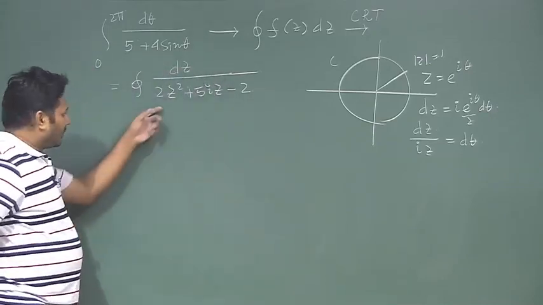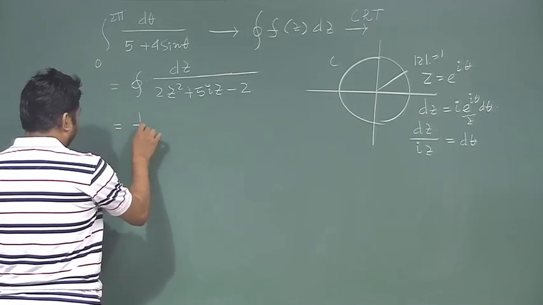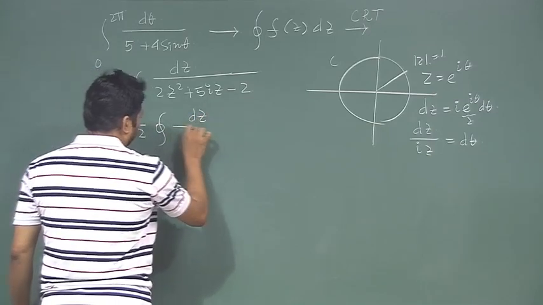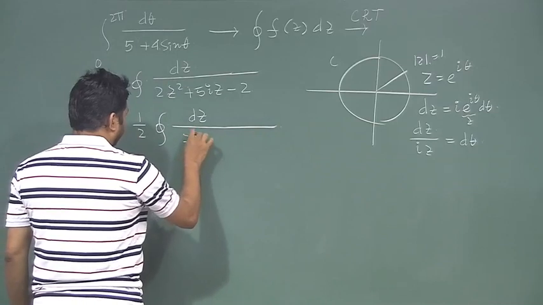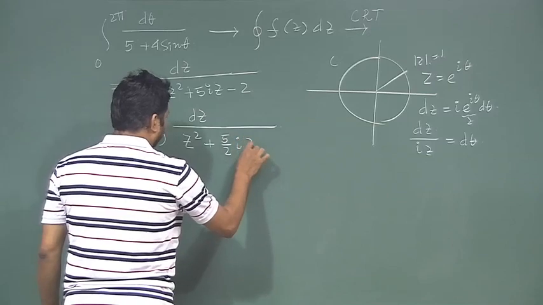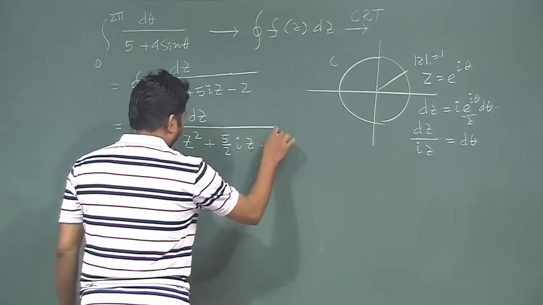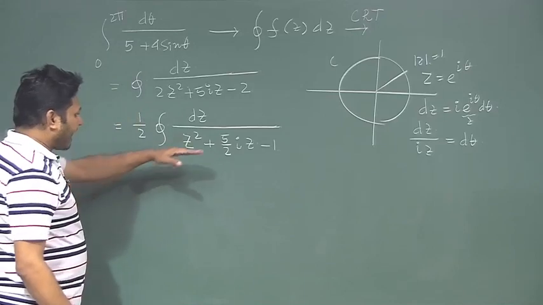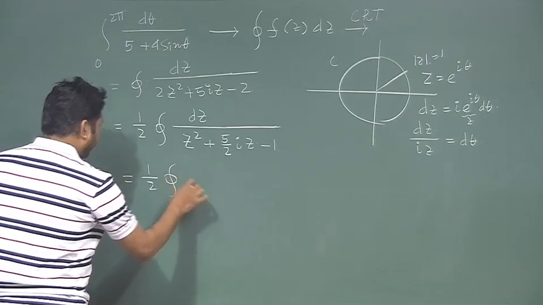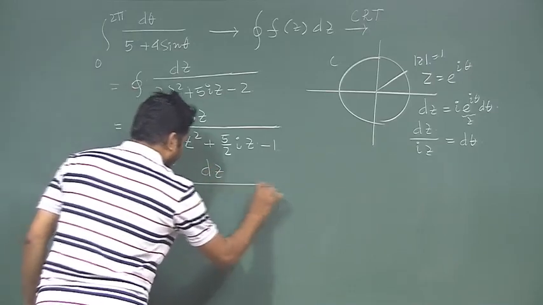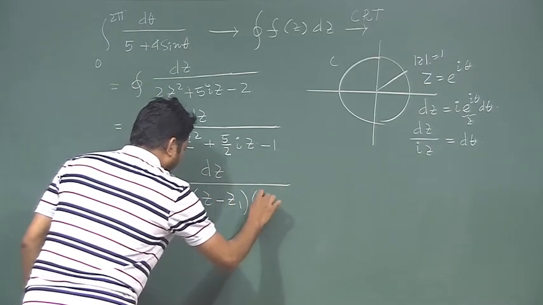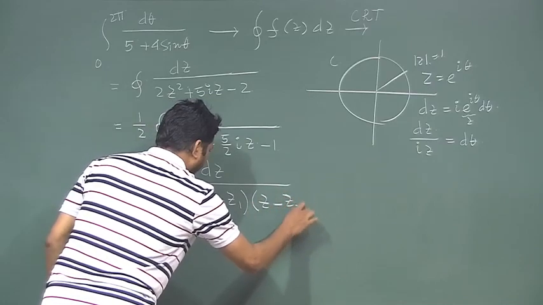Okay, still I can take 2 common. So, I can have half integration of dz divided by z square plus 5 by 2 I z minus 1, and I can factorize this and write it in this form, which is convenient, z minus z1 and z minus z2.